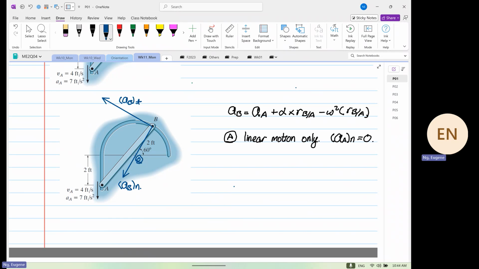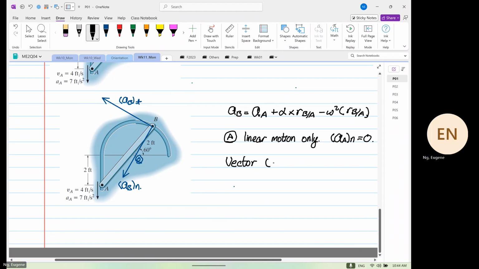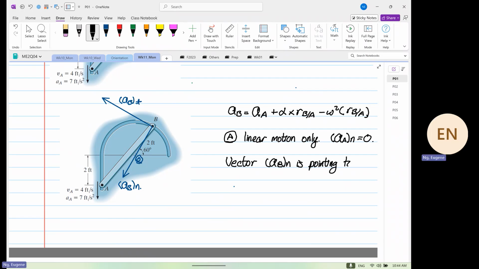So take note, the vector AB normal is pointing towards the center of rotation, and not to point A. Okay, I made that mistake.